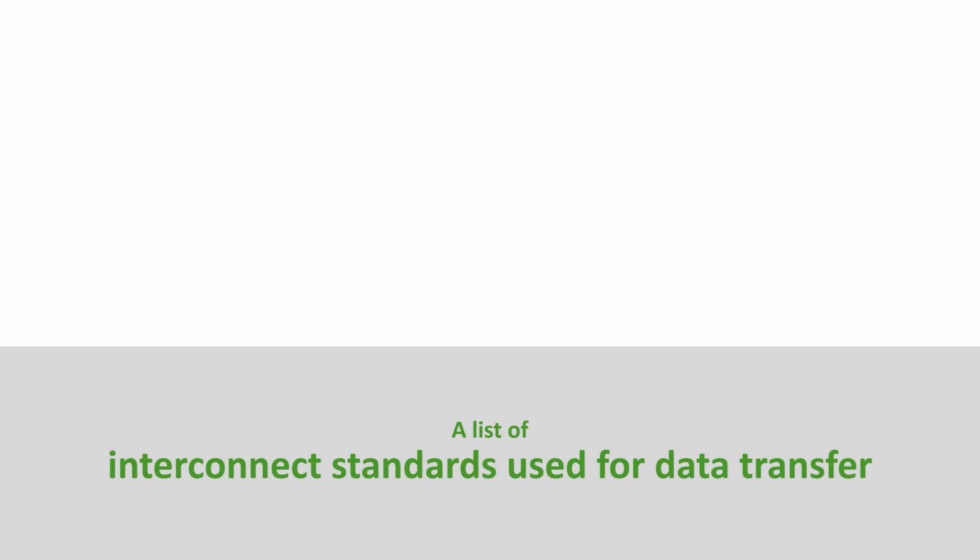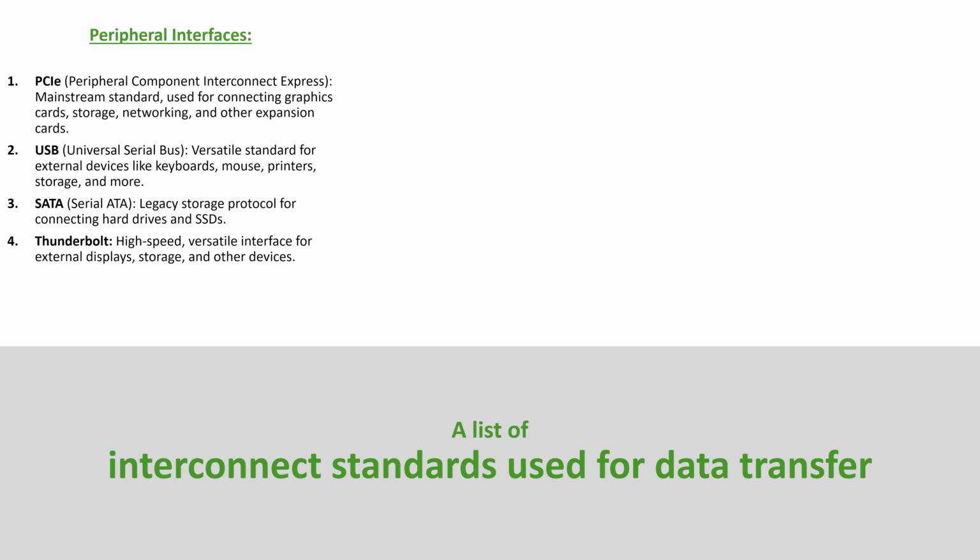I am trying to list a few interconnect standards used for data transfer. For example, peripheral interface standards and interconnect standards: PCIe, USB, SATA, Thunderbolt. These are some of the interconnect standards for data transfer in peripheral interfaces.